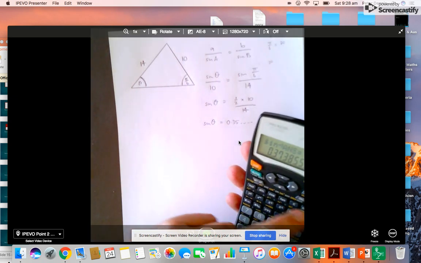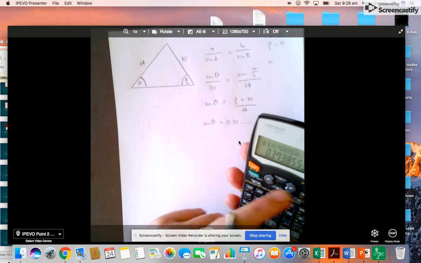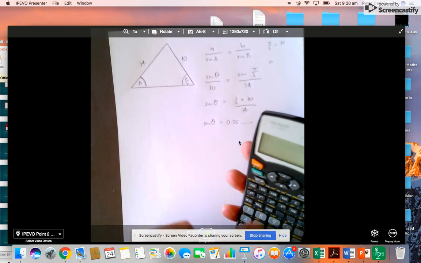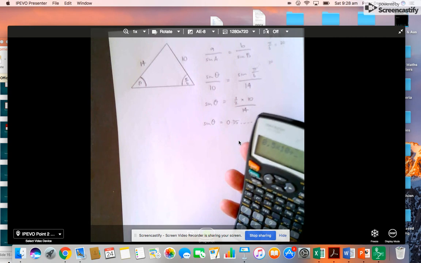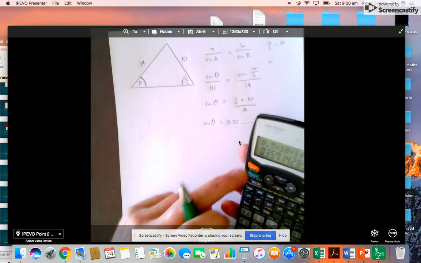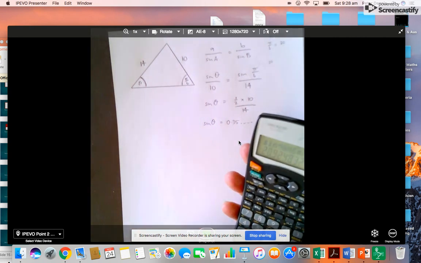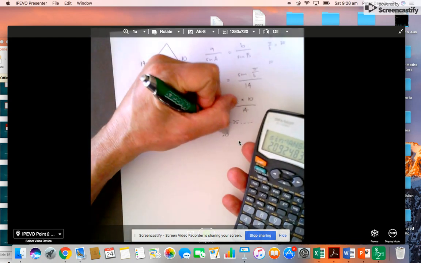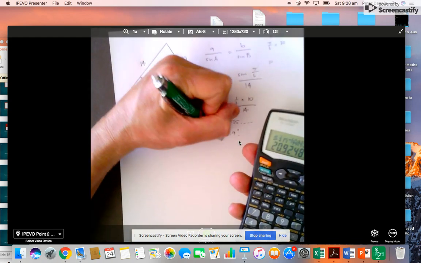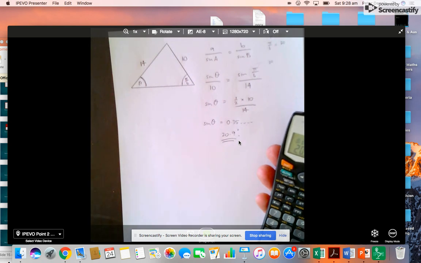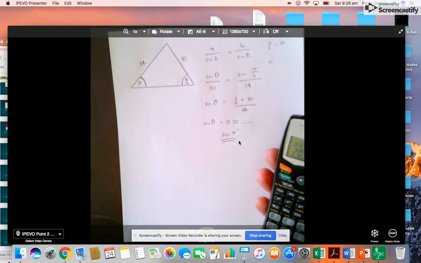Oh, what a bummer. So 0.5 times 10 divided by 14 gives 20.9 degrees. So you've just got to be very careful if you're working in degrees or radians. The calculator was in degrees. I could have worked in radians as well.